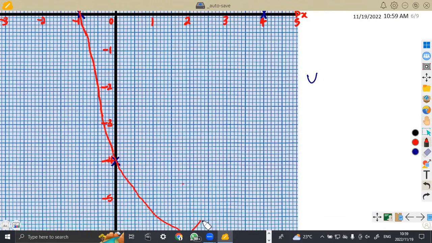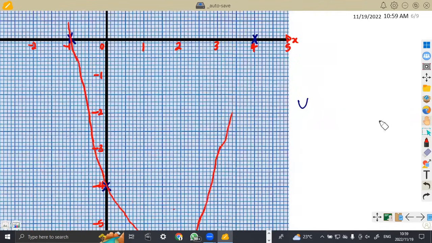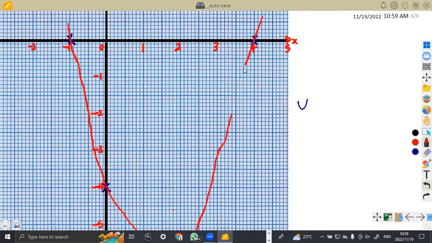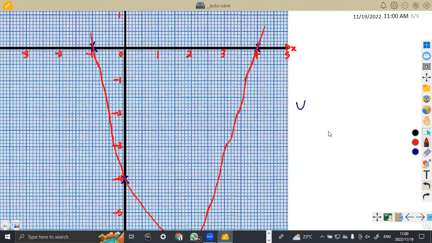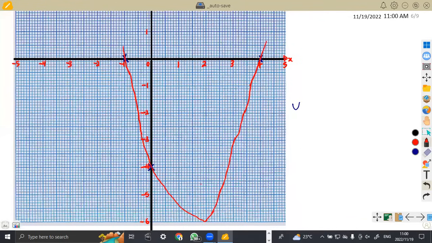I don't know if we are going to reach there properly, but that was supposed to be the sketch. I think the scale that I used here is too much, but it's supposed to be something like this. So we just have to draw properly, guys. That's y equals x squared minus 3x minus 4.